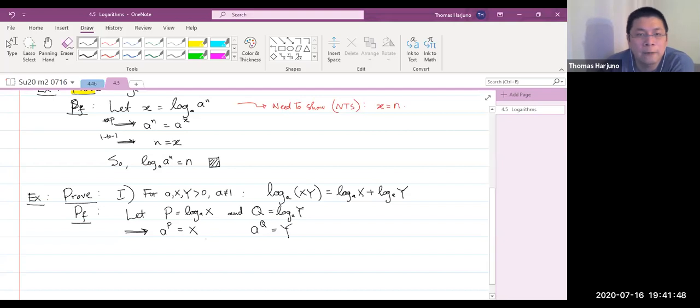Now then, x times y, therefore, equals a to the p times a to the q. Right? But a to the p times a to the q, using the product rule of common base, is a to the p plus q.